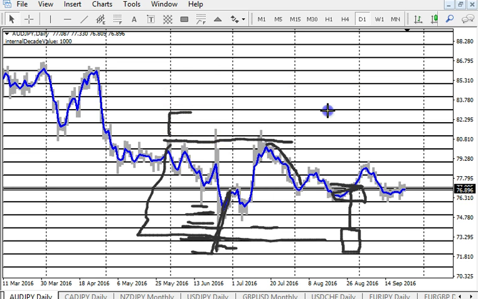Just because you have a 200 pip stop doesn't mean that you have to take triple your money. This is like an end of the world stop in a way. Now, it's almost like trading without a stop because they're really 200 pips. If you sold this high, if you got in kind of early on this sell, and you have a 200 pip stop to make this, then that's great.